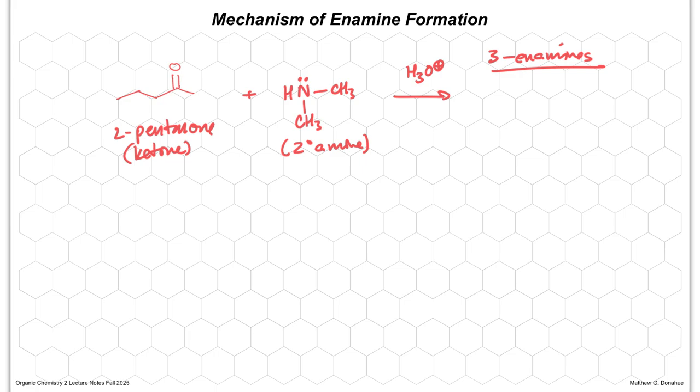So I'll push the arrows for this, and I want to do this under acidic conditions so I can show some proton transfers, and then really when we get to that point of why the alpha carbon CH bond is invoked in this.